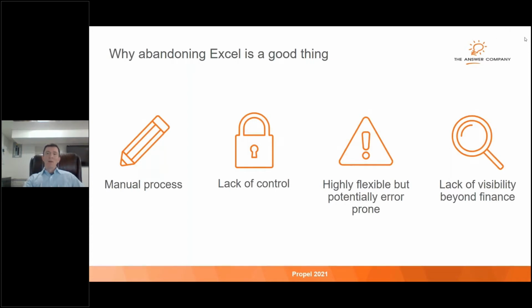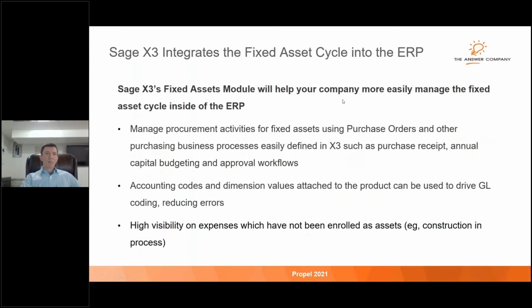And beyond that, because these are just spreadsheets, we generally have a lack of visibility beyond the finance team and the people who are maintaining those files. So often it can be helpful to move that into the ERP. And what we're going to show today is how Sage X3 can fill that need.